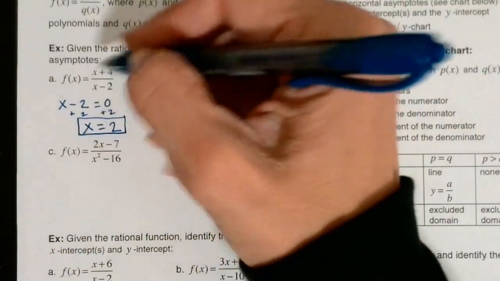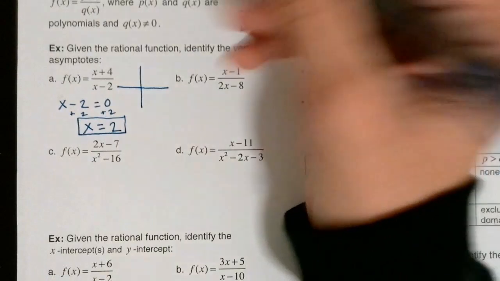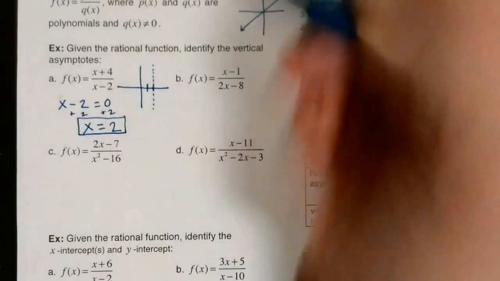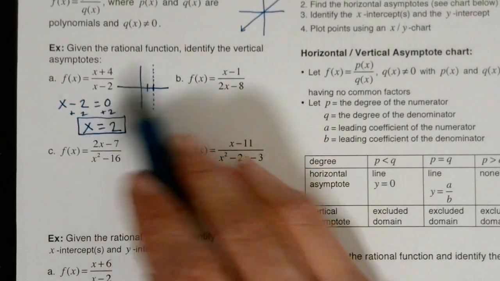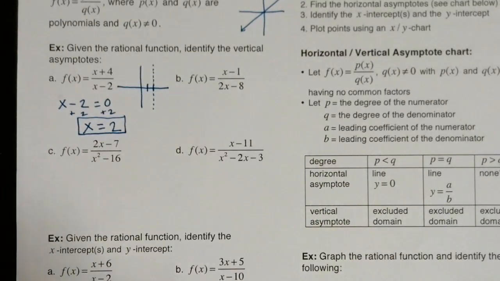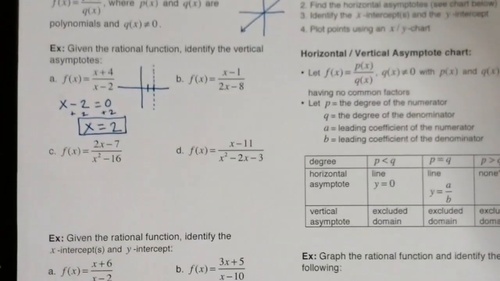So for this particular rational function, it would have a vertical asymptote at x equals 2, right? Because you're not allowed to equal 2. So there is our natural way of saying, hey, you can't touch this. You can't touch the asymptote. It's an MC Hammer song too. I won't sing it, don't worry.